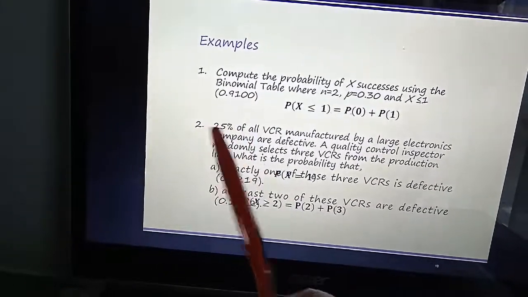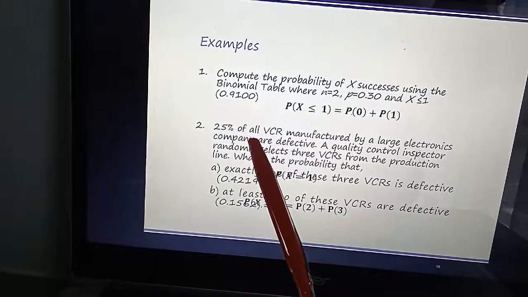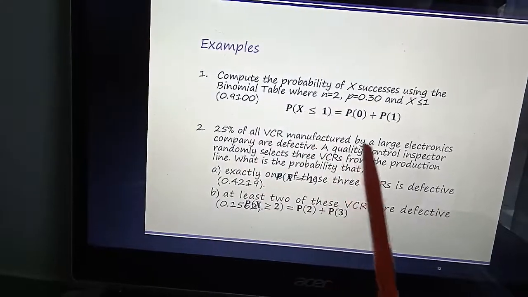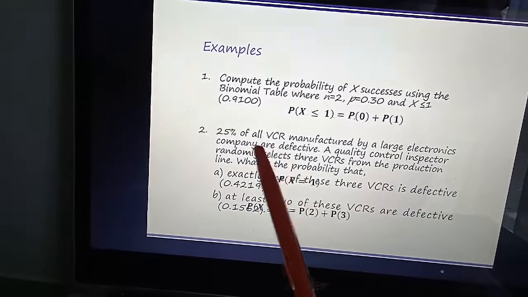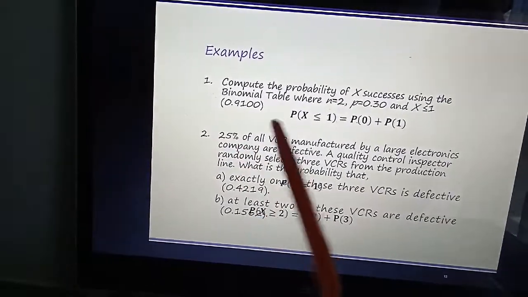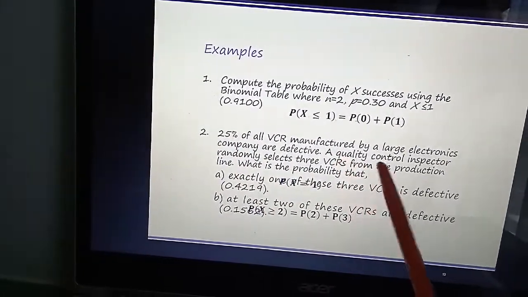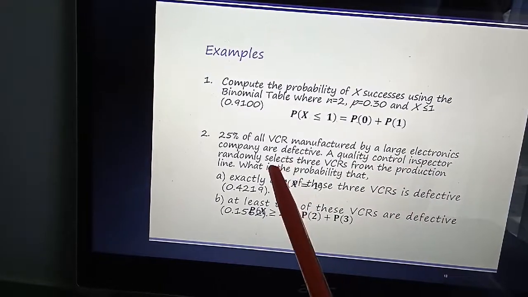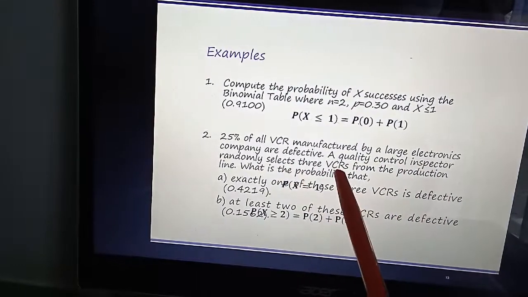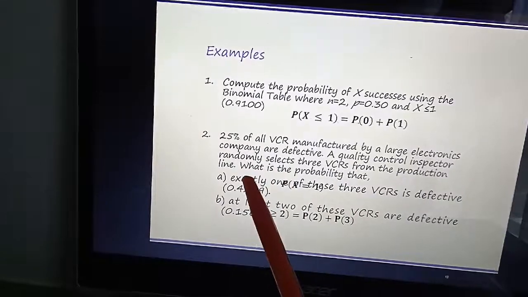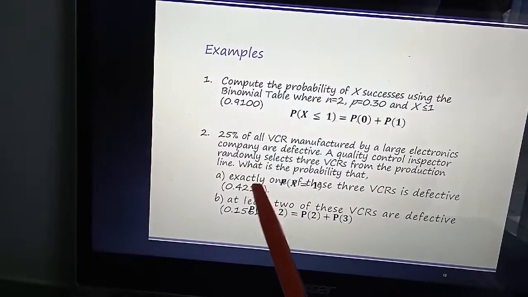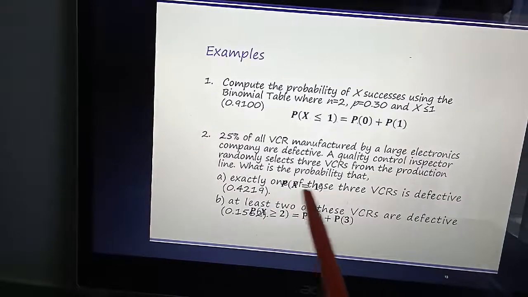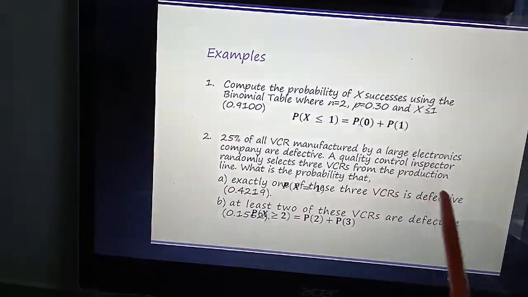Okay, number 2. 25% of all VCRs manufactured by a large electronics company are defective. So it means that p is 0.25. The quality control inspector randomly selects 3 VCRs from the production line. A, what is the probability that exactly one of these 3 VCRs is defective?